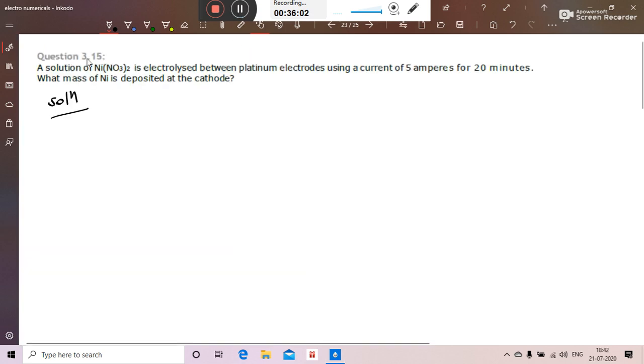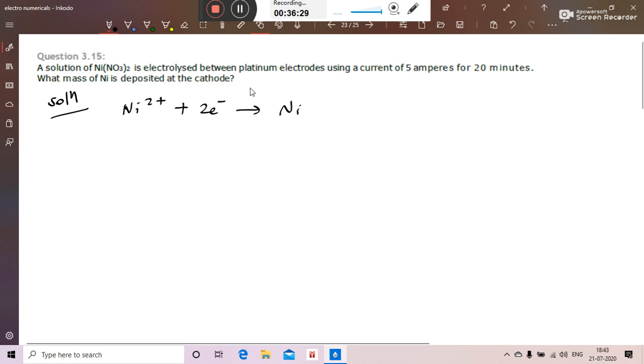In question number 15, we have solution of nickel nitrate. So here nickel will be in the +2 oxidation state. So Ni2 plus is electrolyzed between platinum electrodes. So what will be the reduction reaction? Ni2 plus will accept 2 electrons to form Ni, using a current of 5 ampere for 20 minutes.